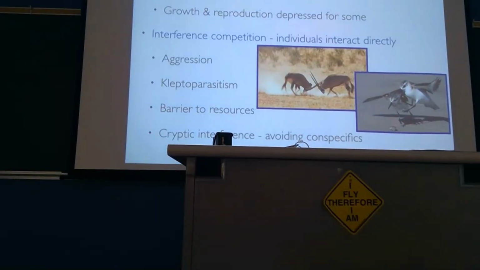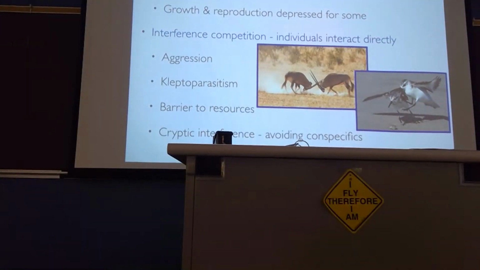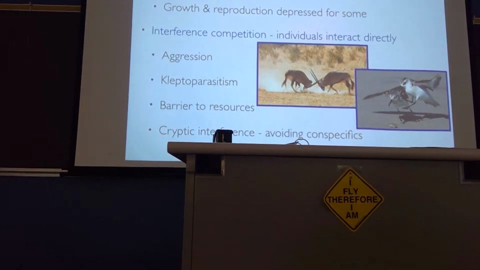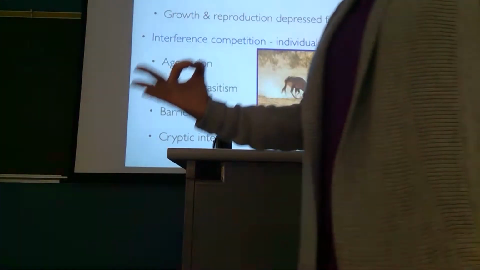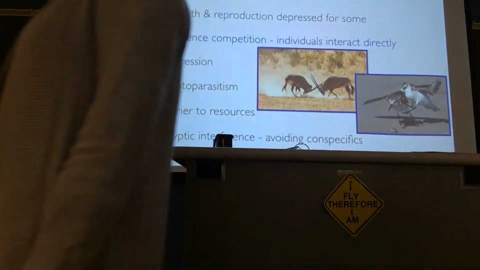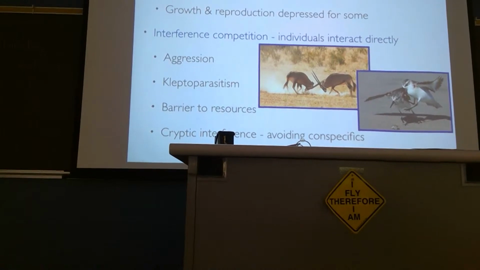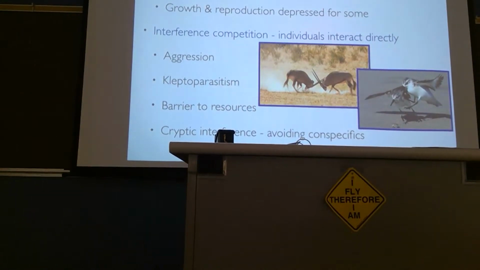The flip side of this, the other type of competition from scramble, is what we call contest competition or contest response. This is where some individuals win. Some individuals get more resources in the contest for resources and others suffer. Not everybody is equally affected.